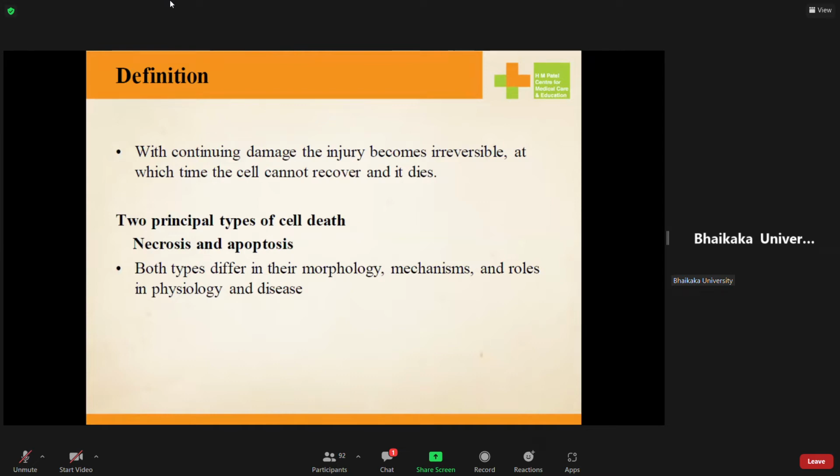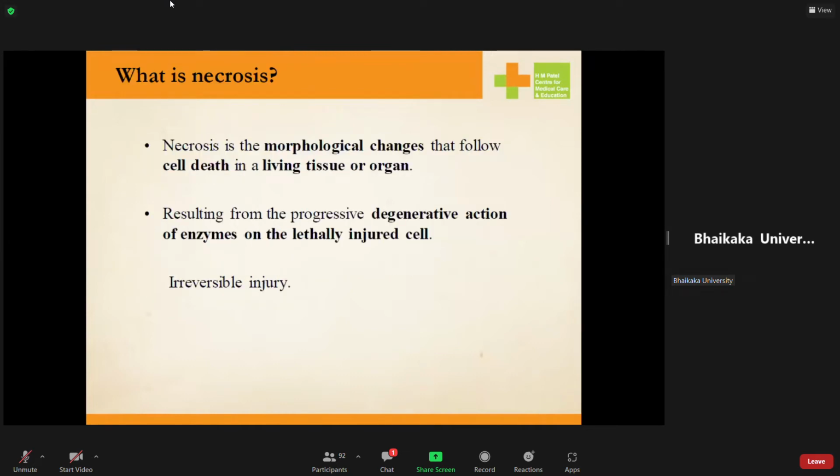It is the morphological changes that follow cell death in the living tissue or organ, and it occurs due to the progressive degenerative action of enzymes on the lethally injured cells. Whenever severe injury to the cell occurs, the degenerative action of proteolytic enzymes is started, and it leads to cell death and irreversible cell injury.